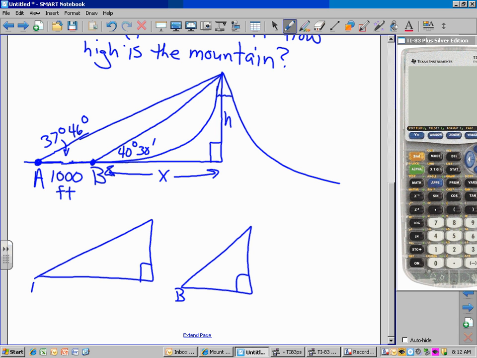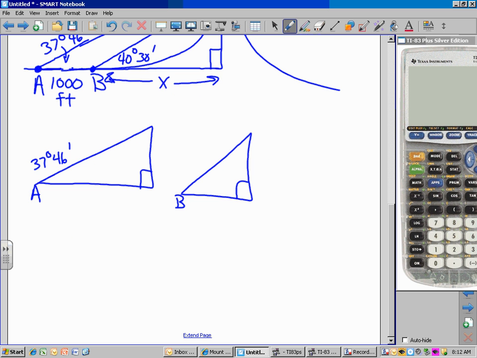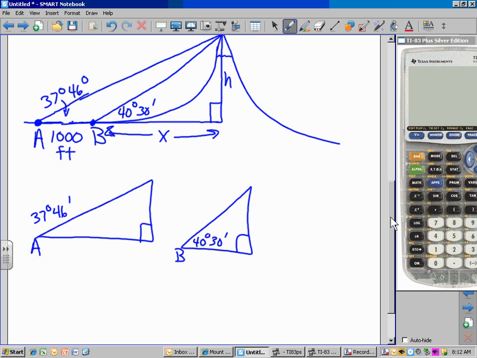B, A. So we got 37 degrees, 46 minutes, and we have 40 degrees, 30 minutes. We have a common height. This is x. What's this distance going to be from A to that base, to that center, however you want to call that? x plus 1,000. Very good.